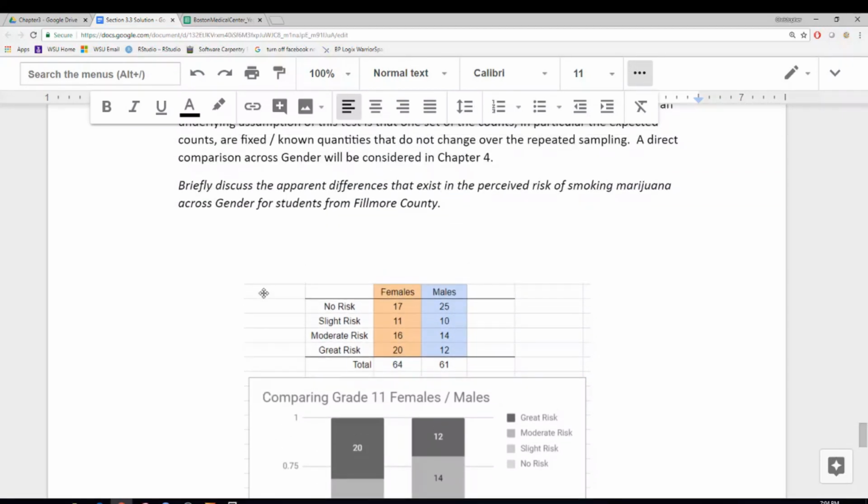So let's go ahead and just make a couple statements regarding what I just said there. So briefly discuss the apparent differences that exist in the risk of smoking marijuana across genders.